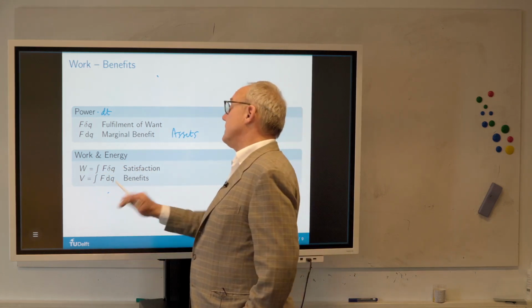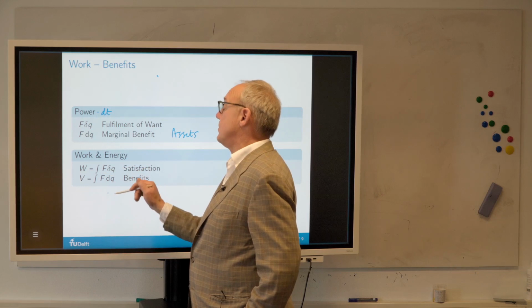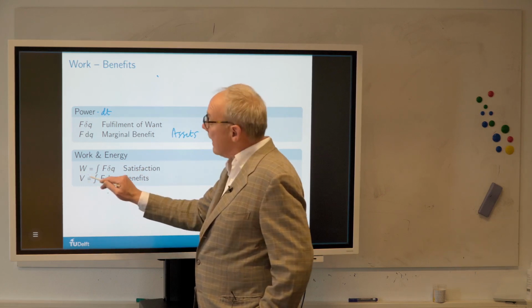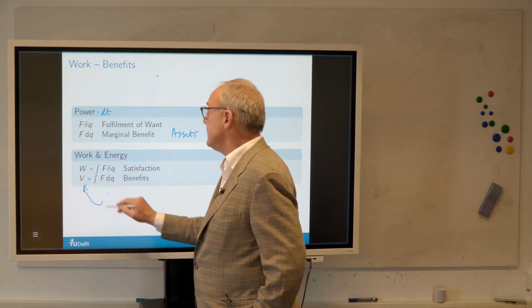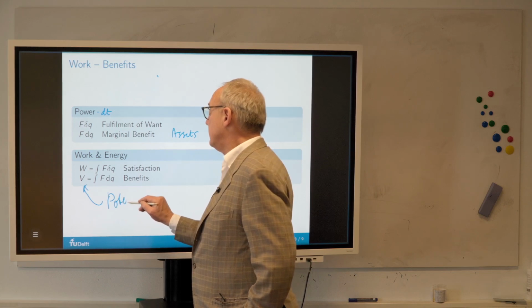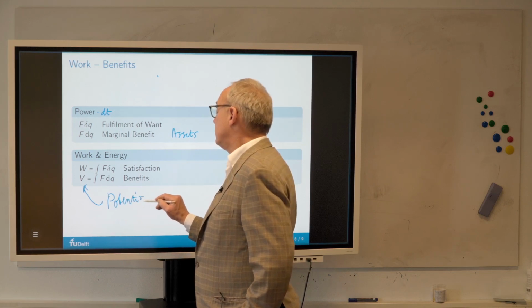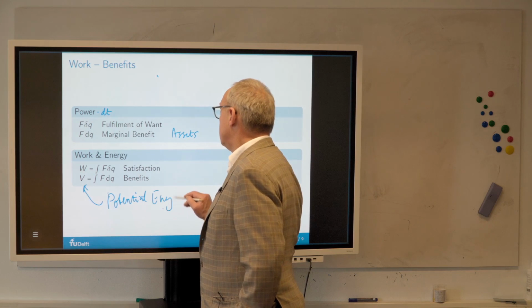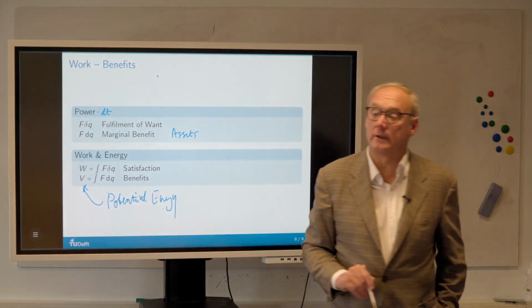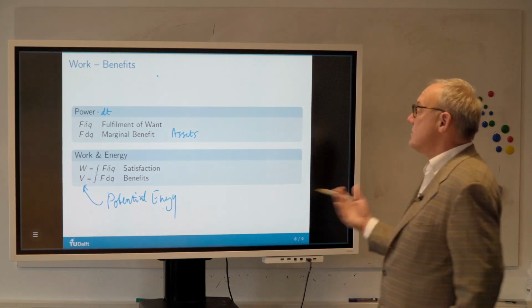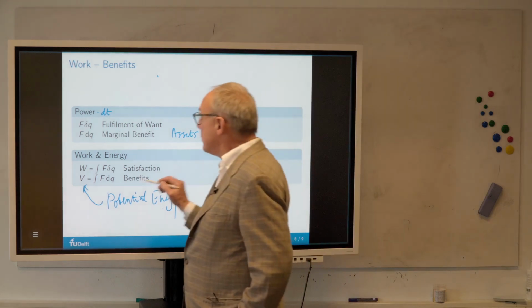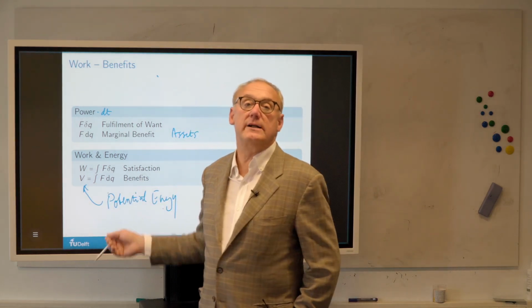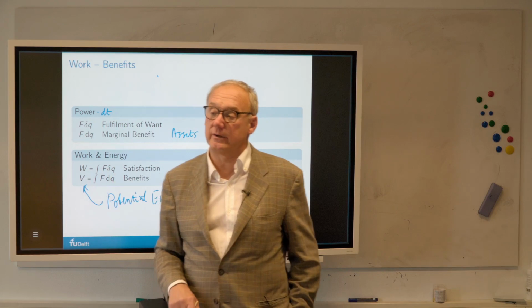Or if you actually are the holder of the items and you put it in storage, then you can calculate what we call the potential energy. Okay? And that is the total amount of benefits that accrue to you from holding these items in your inventory. Okay?